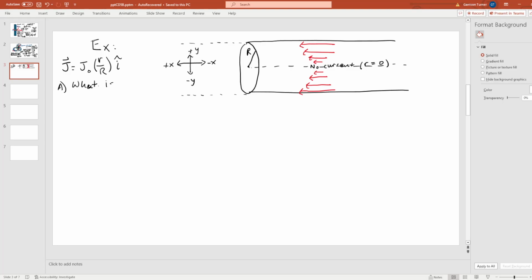What is the magnetic field in the region r is less than capital R? B, what is B in region r is greater than R?